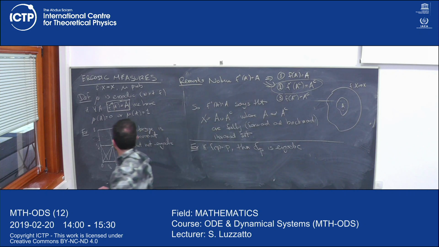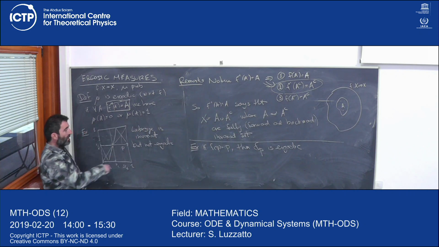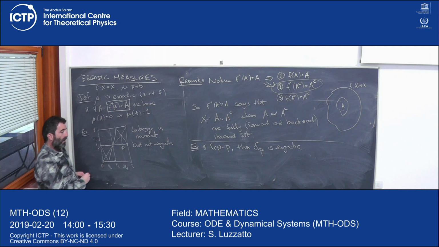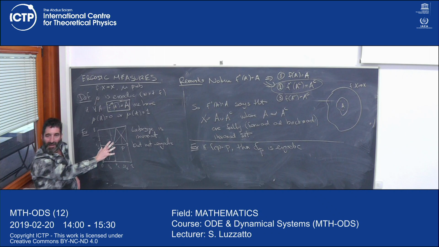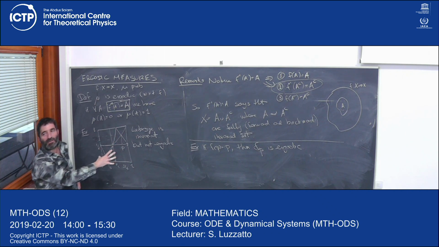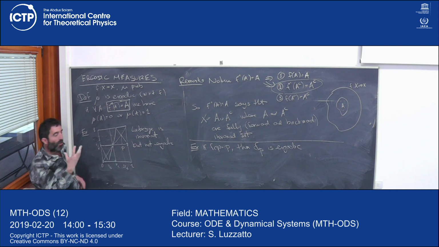Okay? So, in this system, if you take the Dirac delta measure on p, then this measure is ergodic with respect to this dynamical system. So it means, as far as this measure is concerned, you cannot decompose the system into different parts.